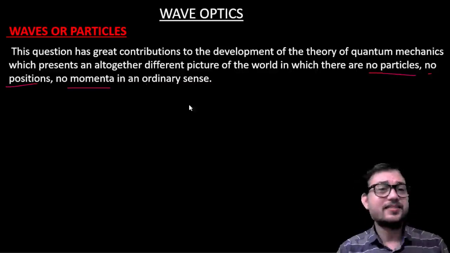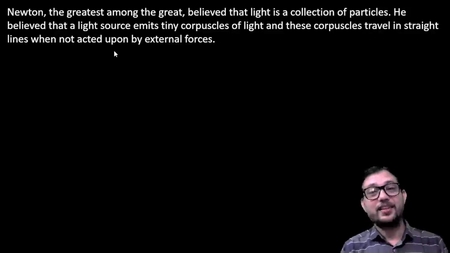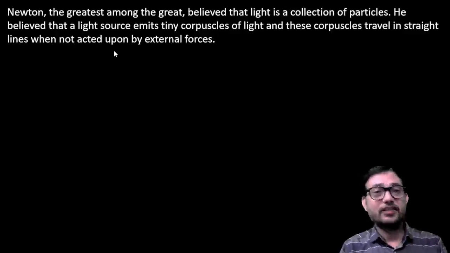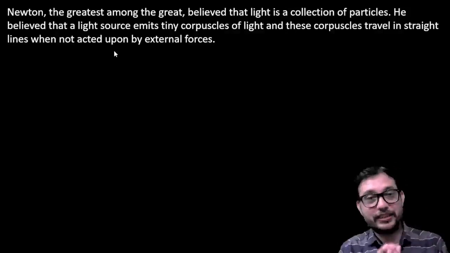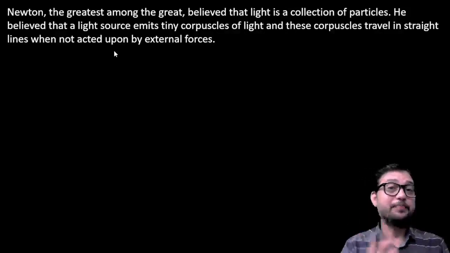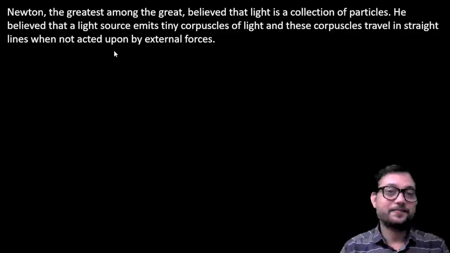So the answer starts from Newton. Firstly, in history there was a great scientist named Newton, as you know, the greatest among the great. He believed that light is a collection of particles.